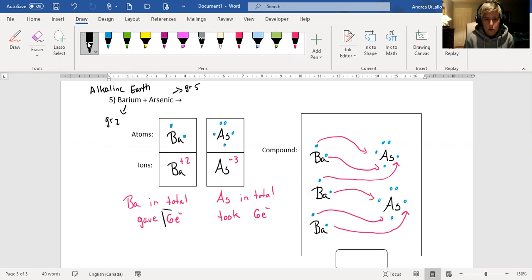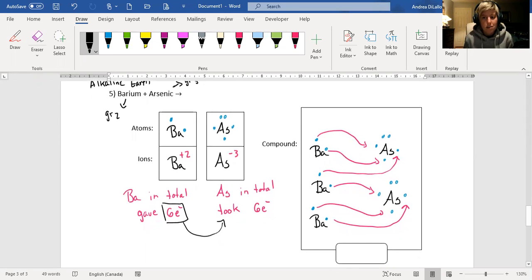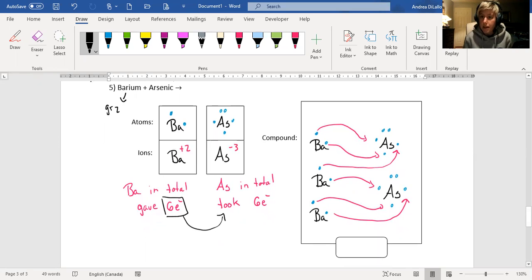So the total electrons that all of the bariums combined gave went to arsenic. So my compound is neutral. And if we're looking at the chemical formula of my compound, I needed 3 bariums to give up electrons to 2 arsenics. So my compound is barium arsenide.